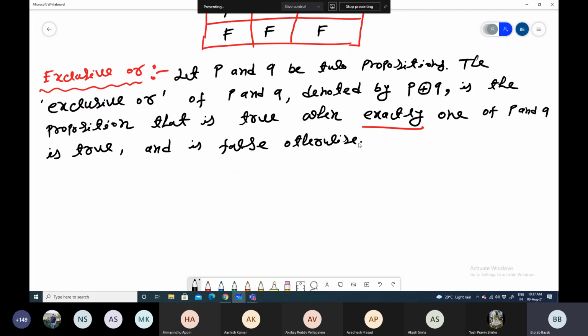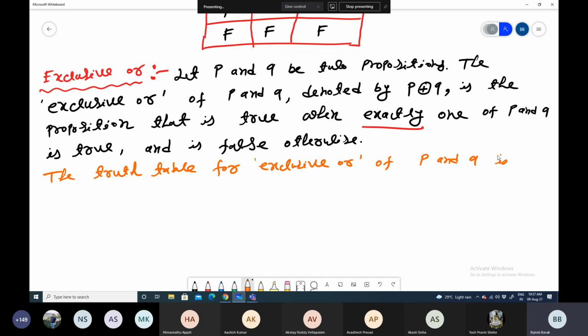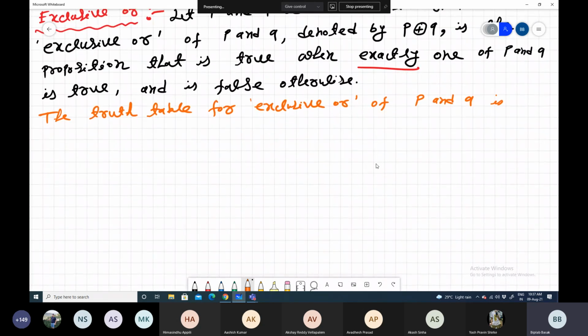That means if exactly one of P and Q is true, then P exclusive or Q will be true, otherwise it will be false. So what will be the truth table? The truth table is now simple. The truth table for exclusive or of two propositions P and Q is, again, since we have only P and Q, we need 4 rows.